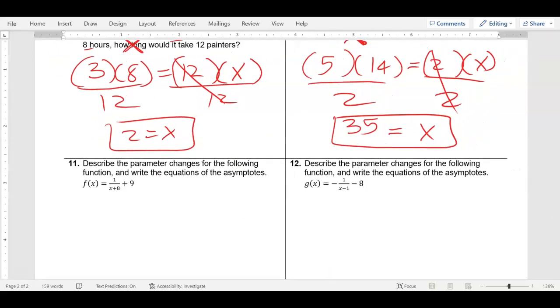Okay, so you can graph this and see the parameter changes. But remember, insiders lie horizontally, and outsiders do not lie. They're vertical. So plus 8 means it goes left 8, and then that plus 9 means it went up 9.